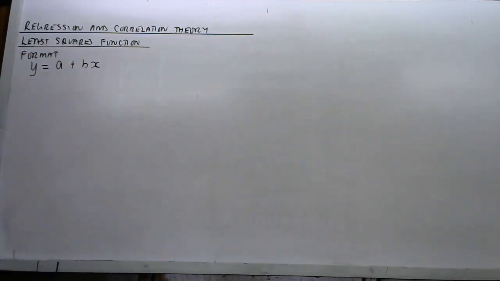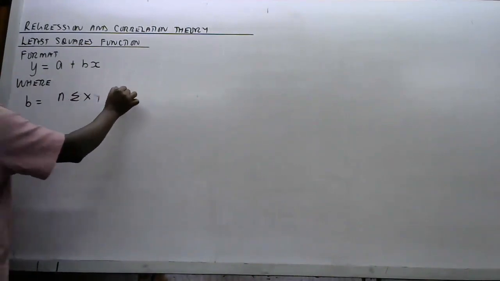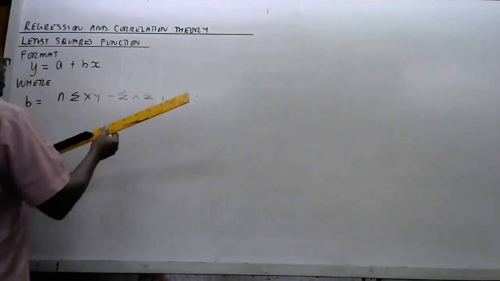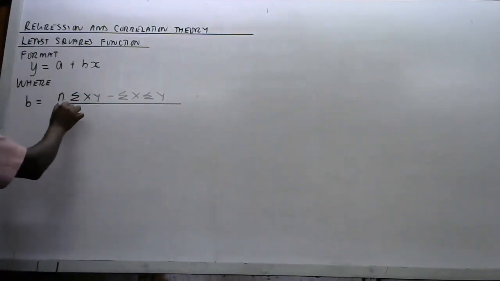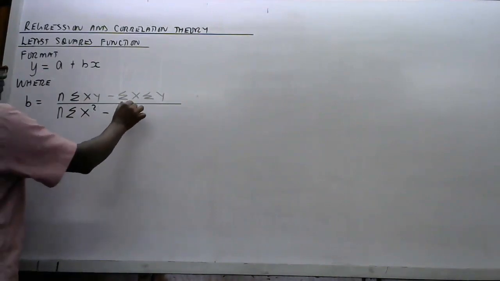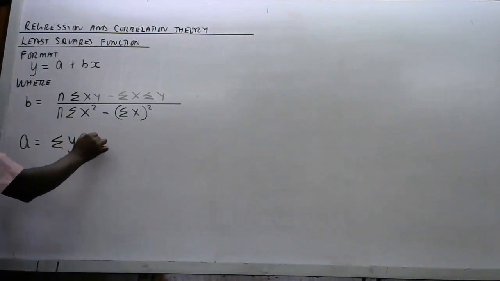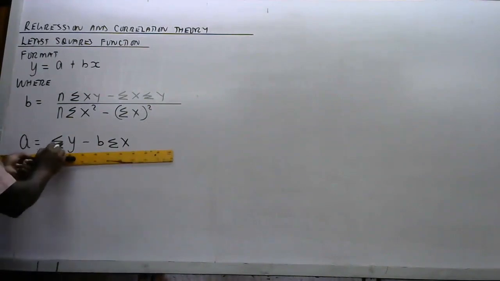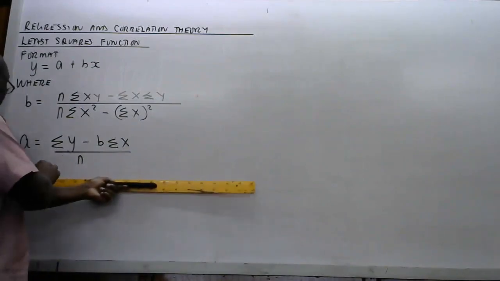That is the format of a least squares function, where b is n sum of xy minus sum of x sum of y, divided by n sum of x squared minus sum of x all squared, and then a is sum of y minus b sum of x, divided by n.